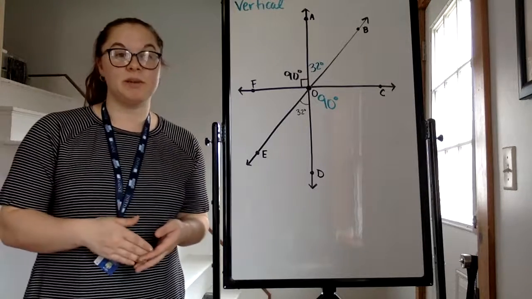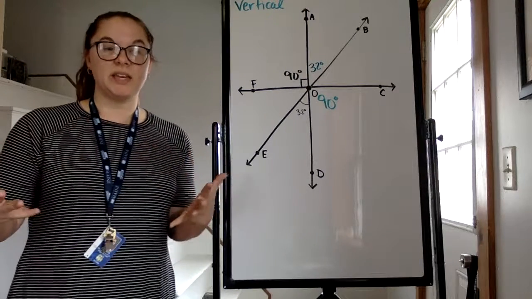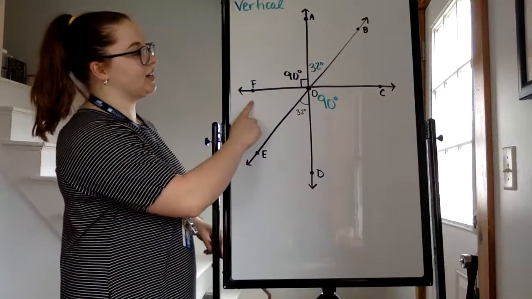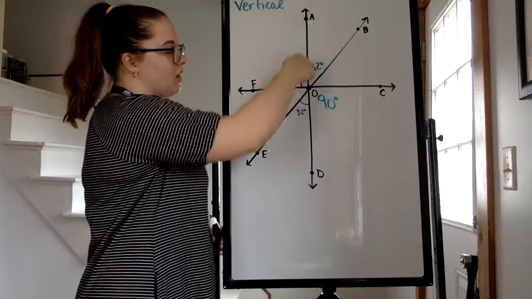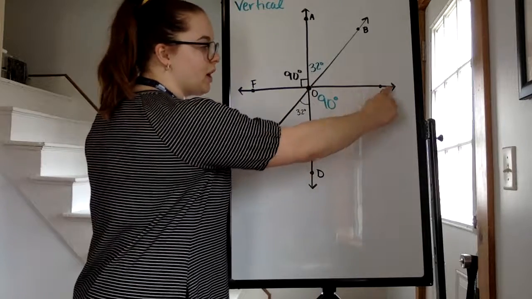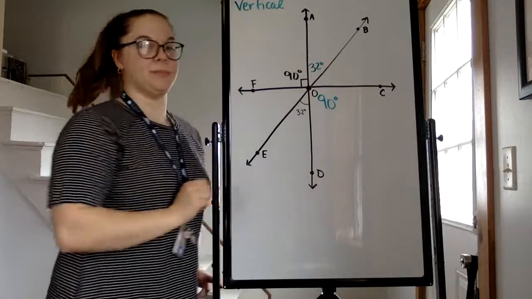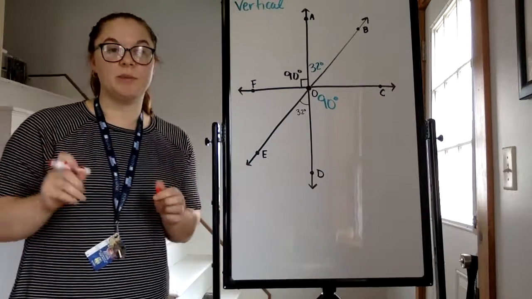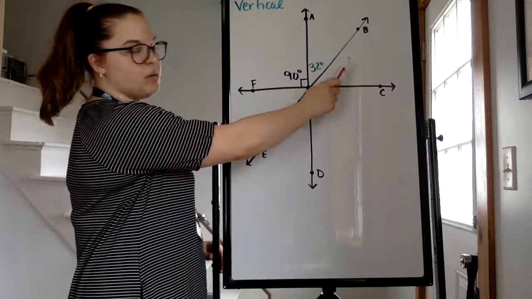First, we're going to get the idea of supplementary angles. Remember, supplementary angles are angles that add all up together to equal 180 degrees. So we can see here that angle FOA, AOB, and BOC all are going to add up to 180 degrees because they form that line FOC. So what we can do is we can use those supplementary angles to remember what this is.